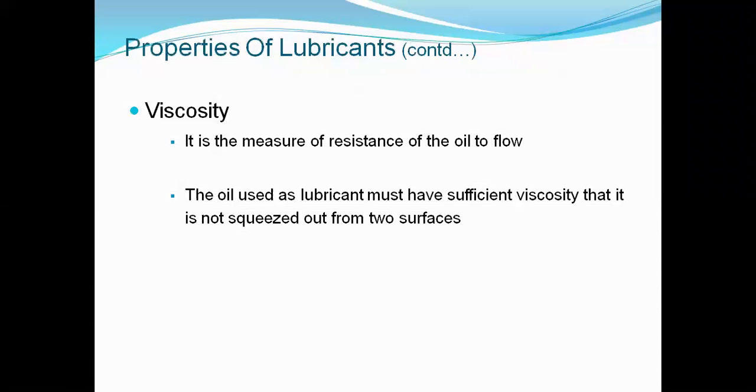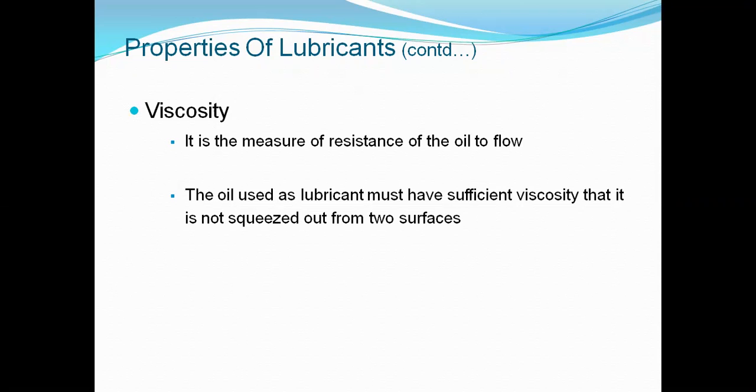Viscosity, we can discuss one by one. It is the measure of resistance of the oil to flow. We know already, viscosity is the measure of resistance to flow. If the oil is used as a lubricant, it must have sufficient viscosity so that it is not squeezed out from the two surfaces. If the viscosity is less, that is, the resistance to flow is less, it does not stay on the surfaces.